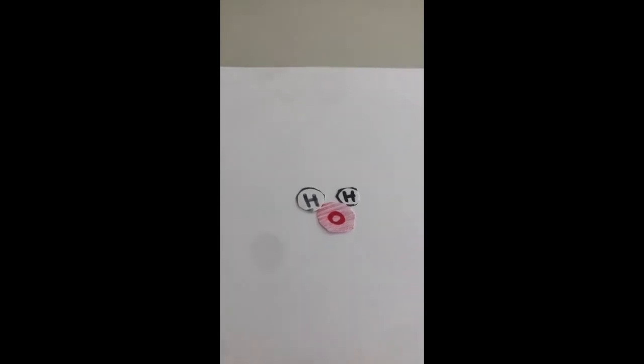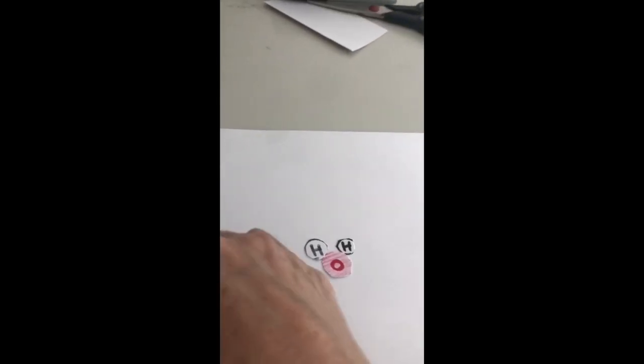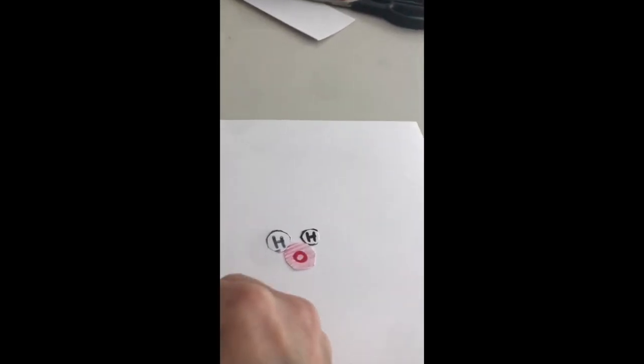That's what H2O means, 2 atoms of hydrogen, 1 atom of oxygen. If you wanted to combine 2 atoms of oxygen, that will give us a molecule of oxygen. So 2 atoms of oxygen chemically combined give us a molecule of oxygen.